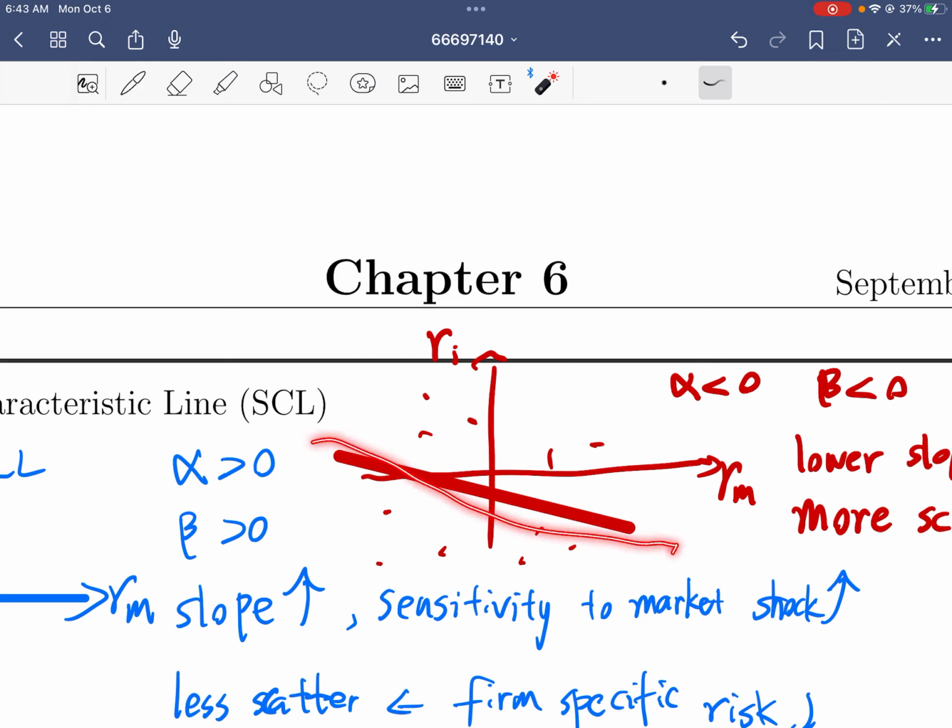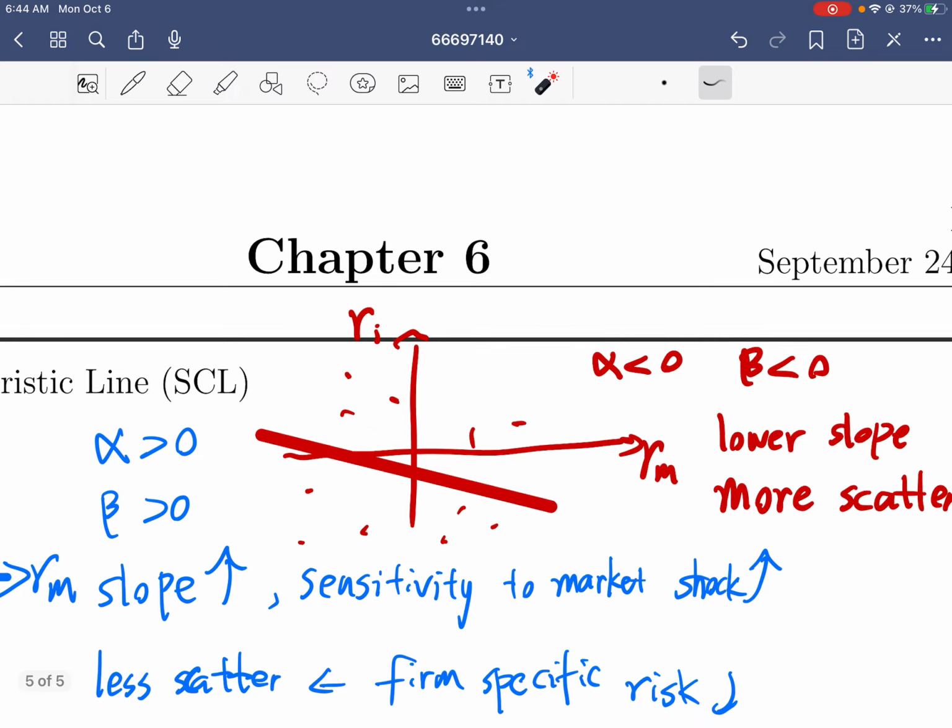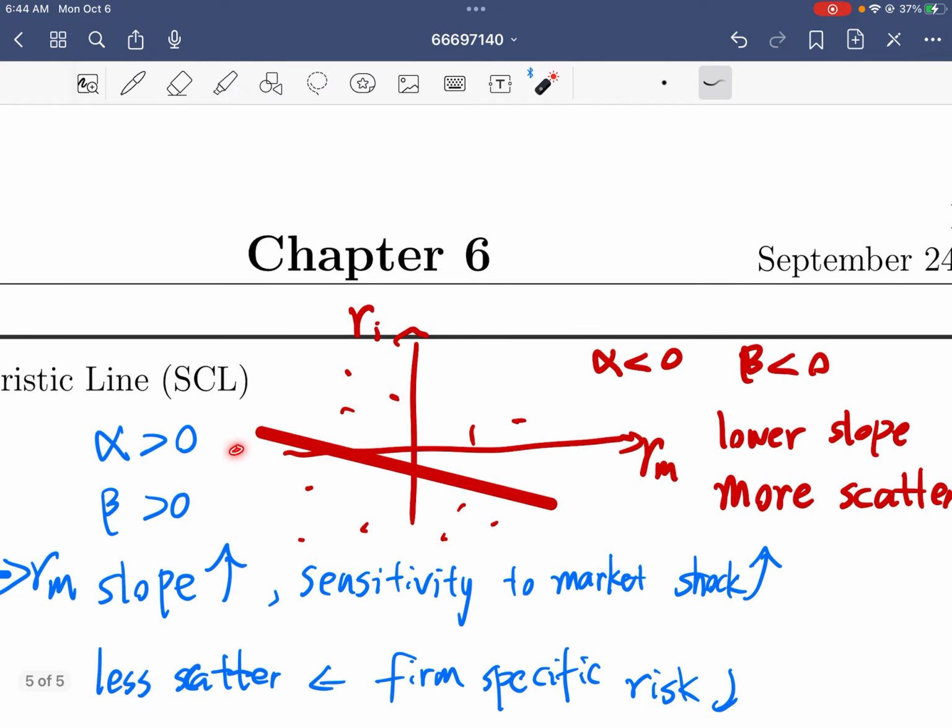Here is another example. If the security characteristic line goes in this direction, it's negatively correlated to the market, so it has a negative beta. When the market goes up, this stock goes down, and it's below the 0 point, meaning that the alpha is smaller than 0.